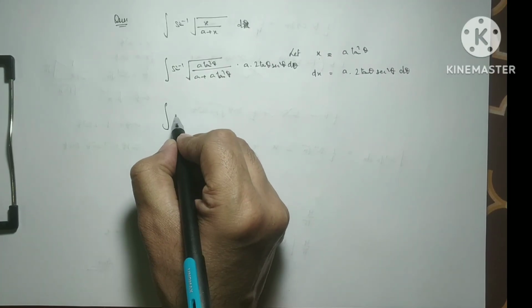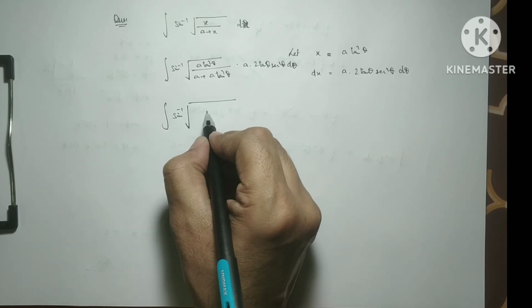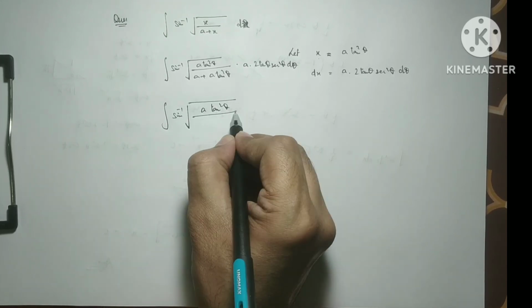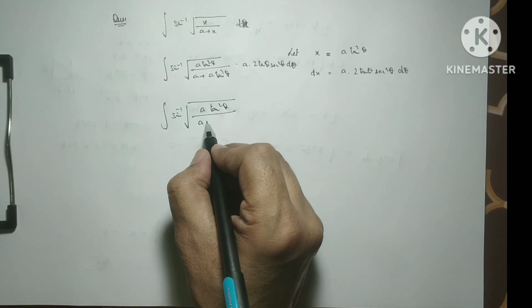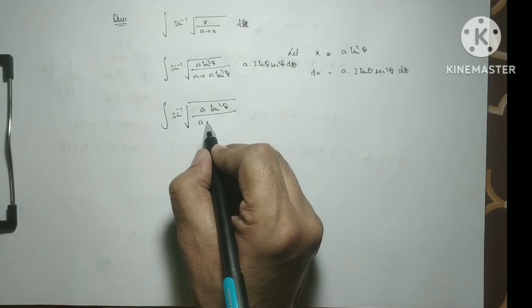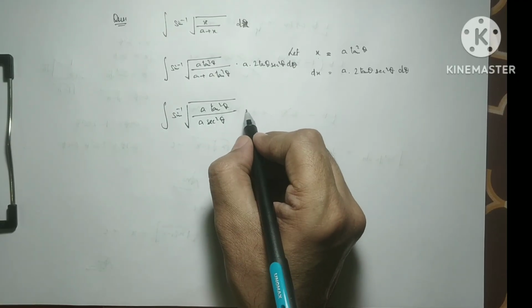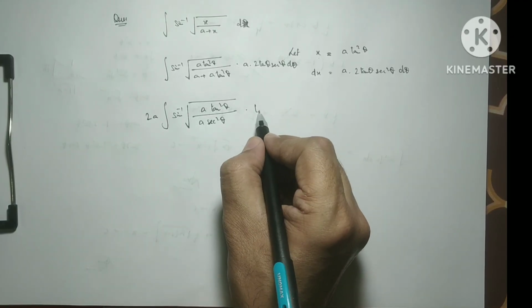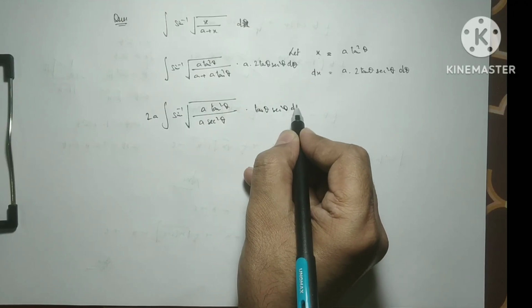So it becomes sine inverse of a tan square theta, and when you take a as common, we get 1 plus tan square theta, and 1 plus tan square theta is sec square theta, and this is 2a tan theta sec square theta d theta.